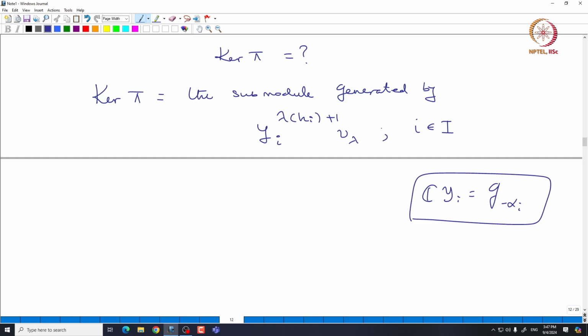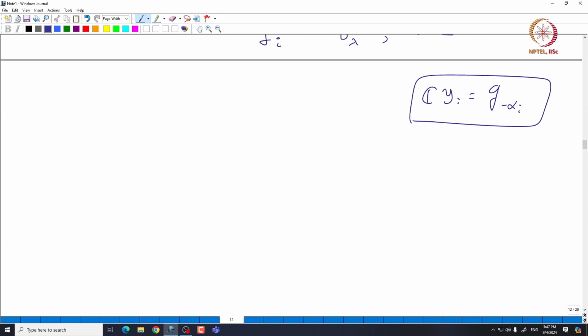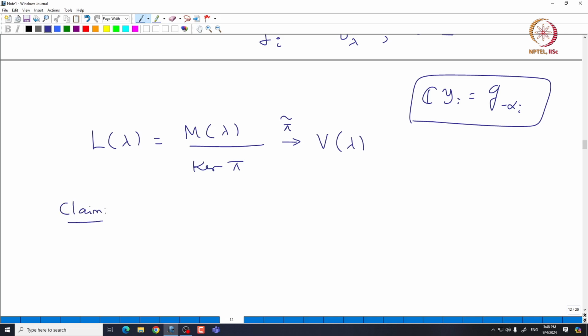This is proved as follows. If you call this module L of lambda, which is M of lambda modulo this kernel pi, then you can easily see that there is an induced map that surjects onto V of lambda. Now the claim is that this L of lambda is a finite dimensional highest weight module.